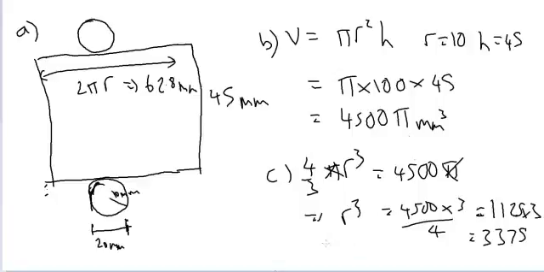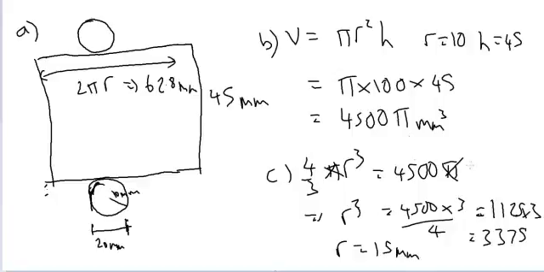So then what's the radius? Well, you just get the cube root of 3,375 on your calculator, and that's 15. So now we know that the sphere, which has the same volume as our cylinder, has a radius of 15 millimeters.